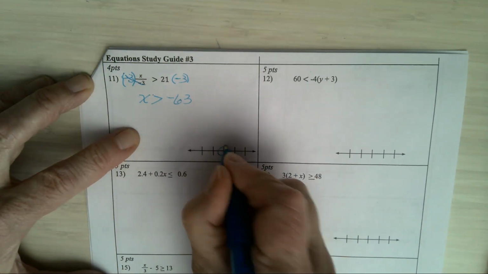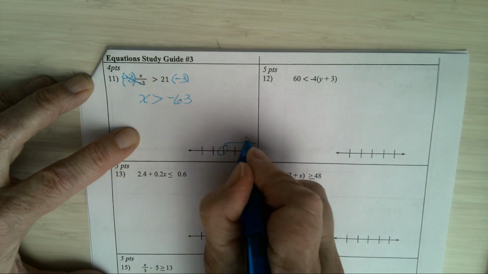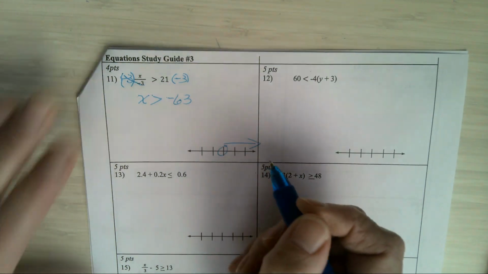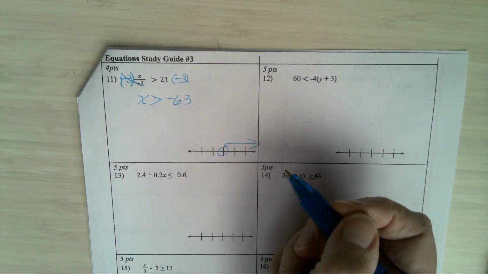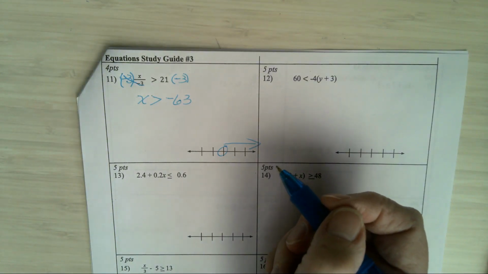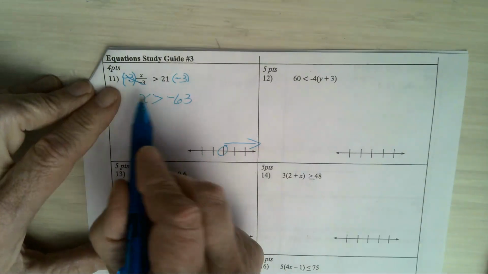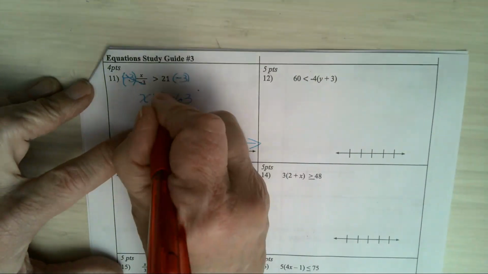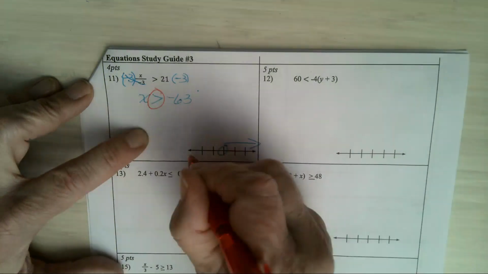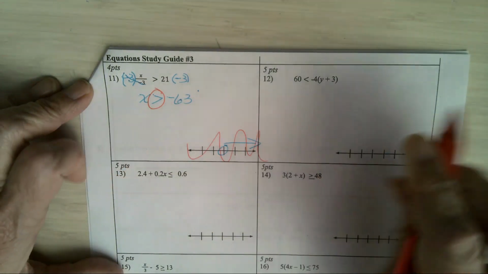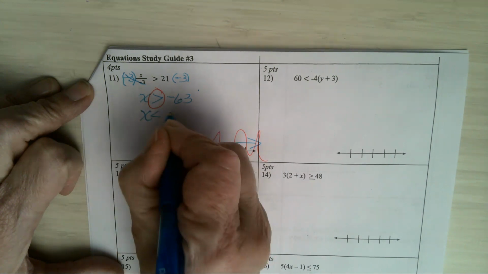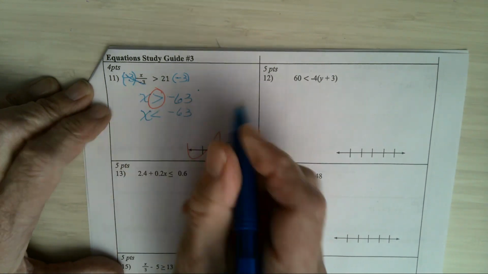Open circle, X has the big end, big numbers. Oh, wait a minute. What did Mrs. Robertson forget to do? Jack. That's right. I multiplied both sides by a negative number, which would cause that to flip. So the answer, X is less than -63.